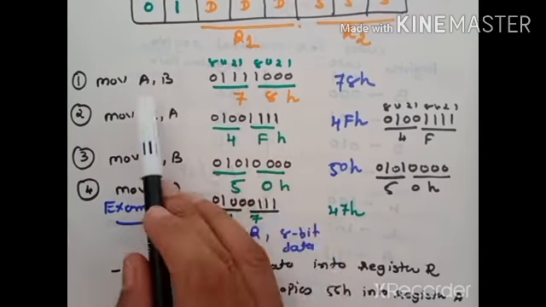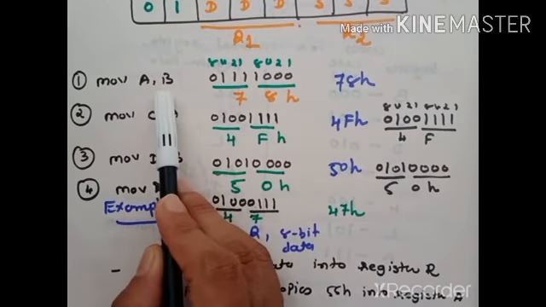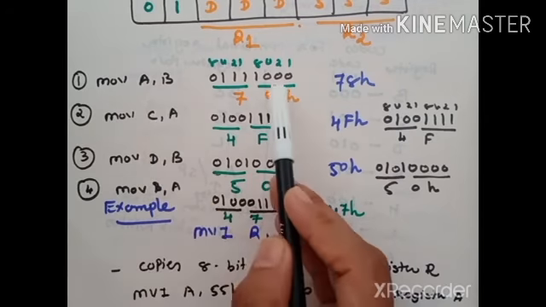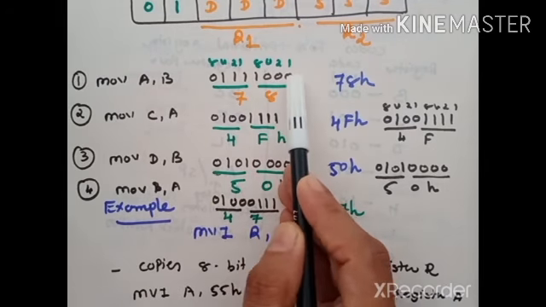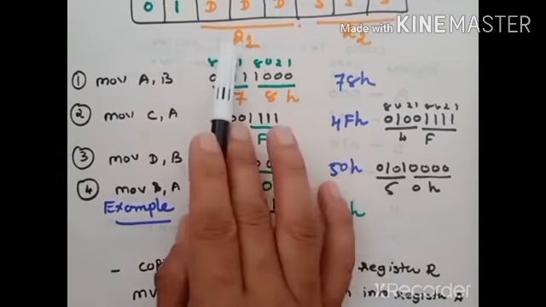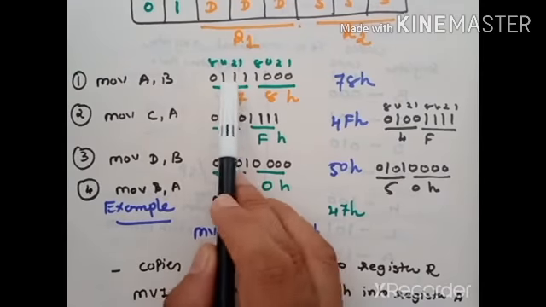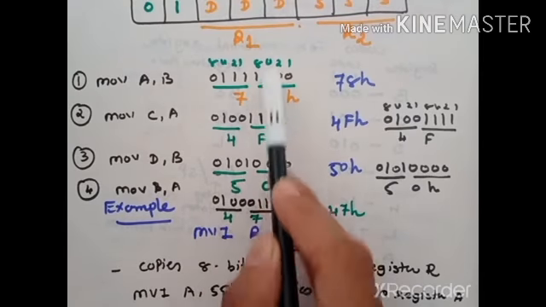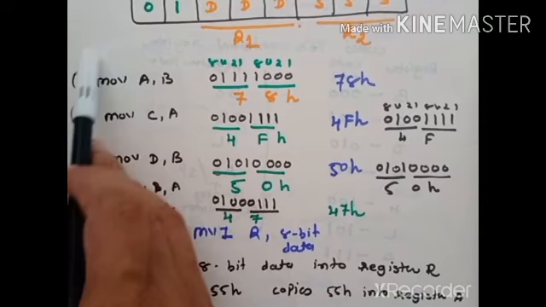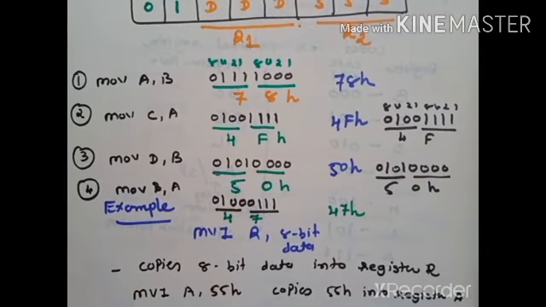Then as the source register, B register is used. The equivalent code for B register is 000. Then according to 8421, find out this: this is 7 and 8. That means the equivalent hex code of MOV A,B is 78H.